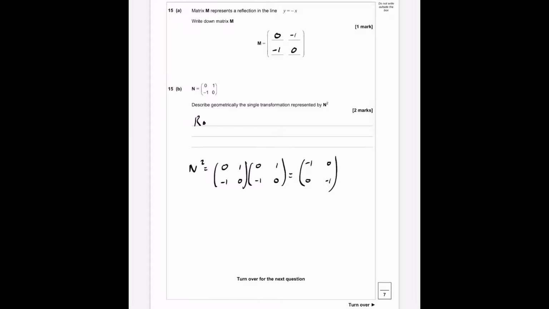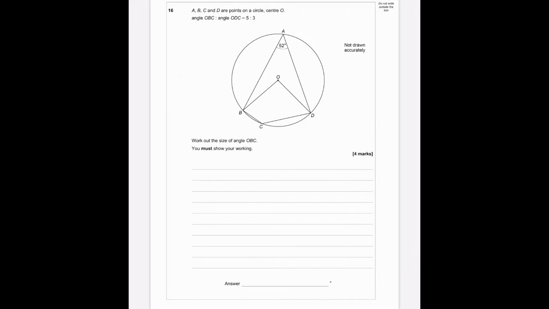That can be described geometrically as a rotation about the origin of 180 degrees. There are alternatives. Actually, there are a few other perfectly correct geometrical transformations, single ones that will do exactly the same thing. I went with a rotation of 180 degrees about the origin, because you had to pick one.